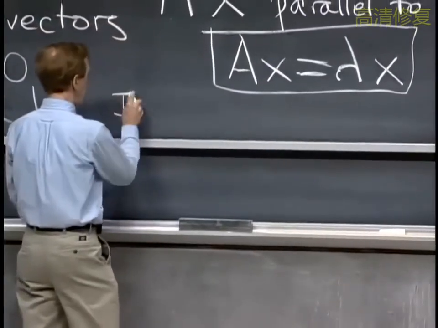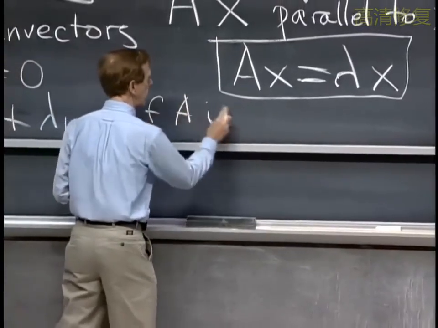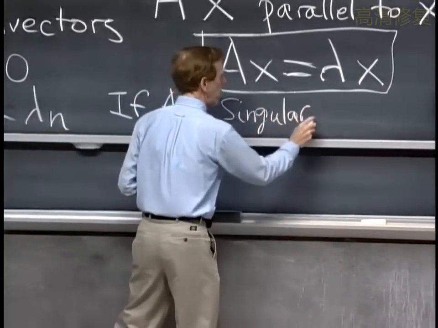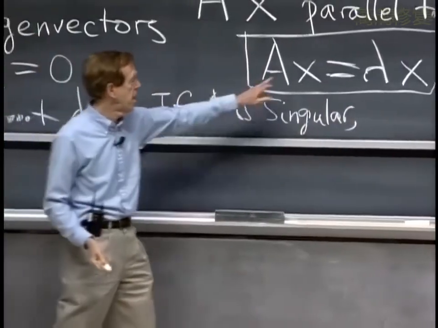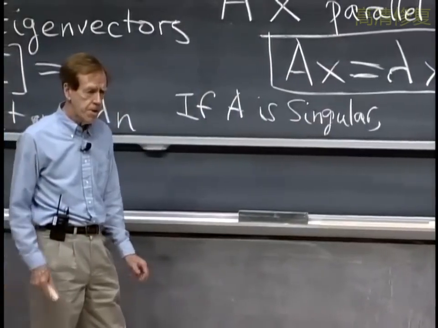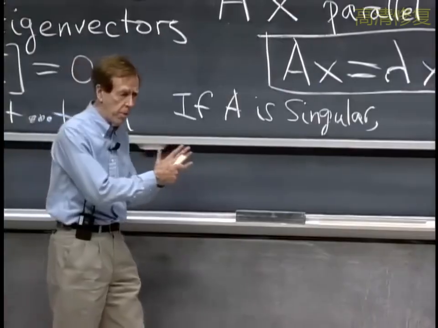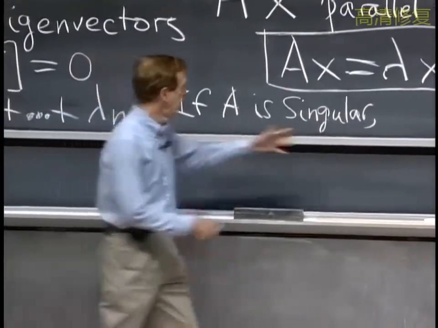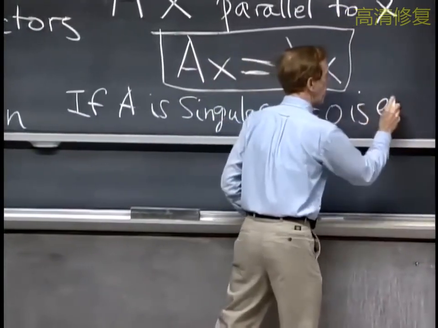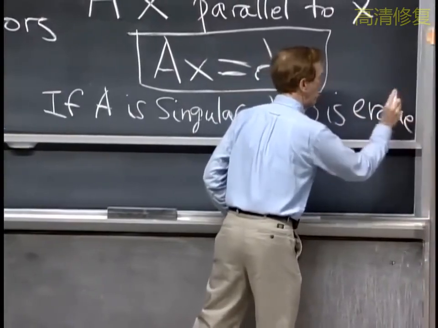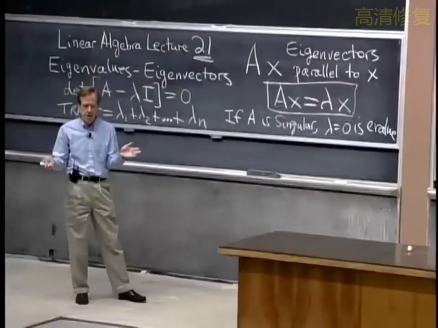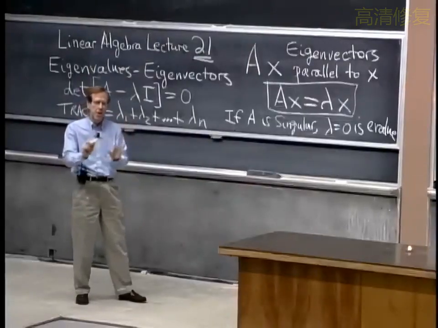If A is singular, what does singular mean? It means that it takes some non-zero vector x into 0, then lambda equals 0 is an eigenvalue. But we're interested in all eigenvalues now. Lambda equals 0 is not so special anymore.